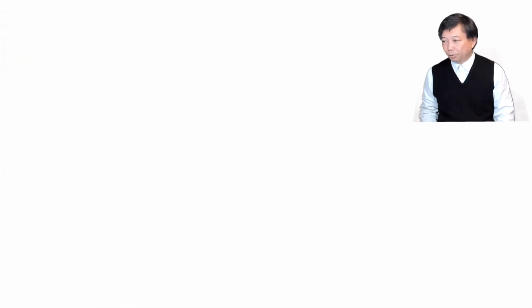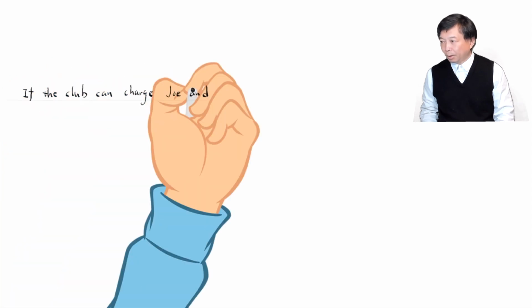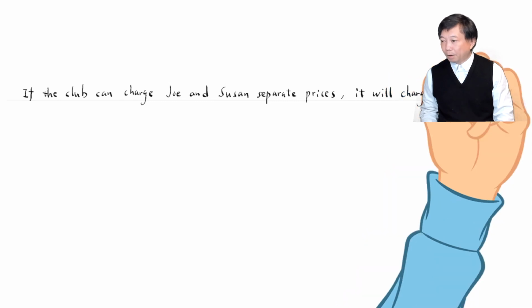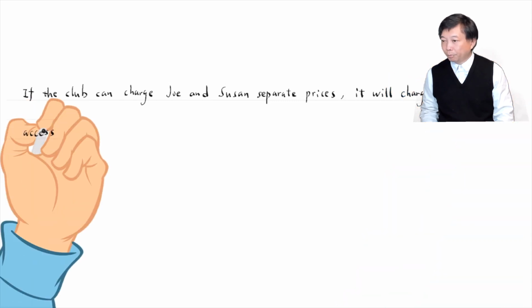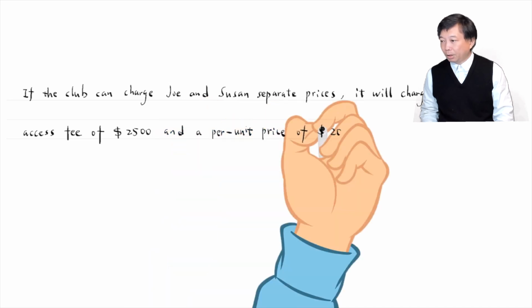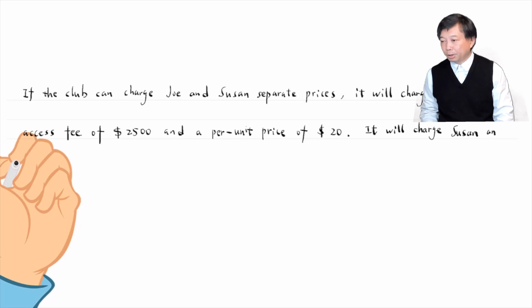If the club can charge Joe and Suzanne separate prices and access fees, it will charge Joe an access fee of $2,500 and a per unit price of $20. It will charge Suzanne an access fee of $1,600 and a per unit price of $20.